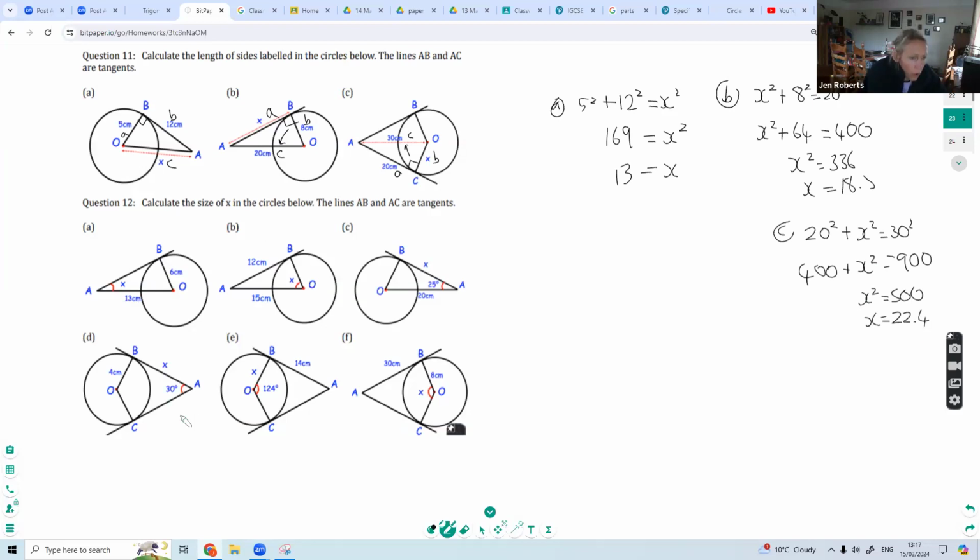I think all of these are going to be SOHCAHTOA. First one is a missing angle. There's your right angle, because it's your radius touching your tangent. Opposite, hypotenuse. Opposite hypotenuse is sine.